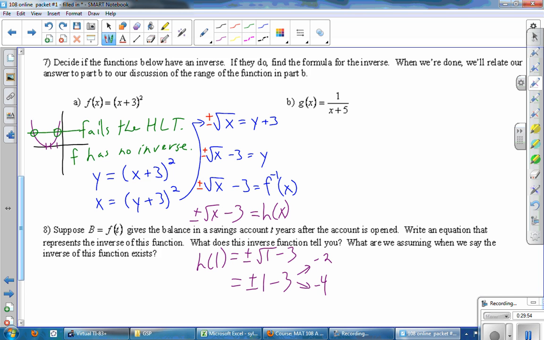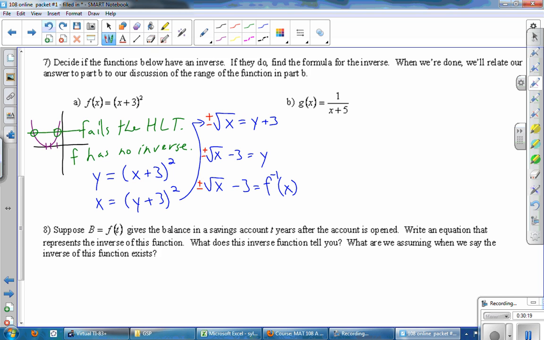Okay, what if we try to follow this process for g? G is a function that we saw earlier. It's on the previous page. I can't draw it. I mean, we drew it on the previous page, but it's a lot tougher, and it's not really one that I expect you just have in your toolkit of functions. So let's see if we can just follow the algebraic procedure and see if we can find the inverse function for part B. Okay, so let's do that here.